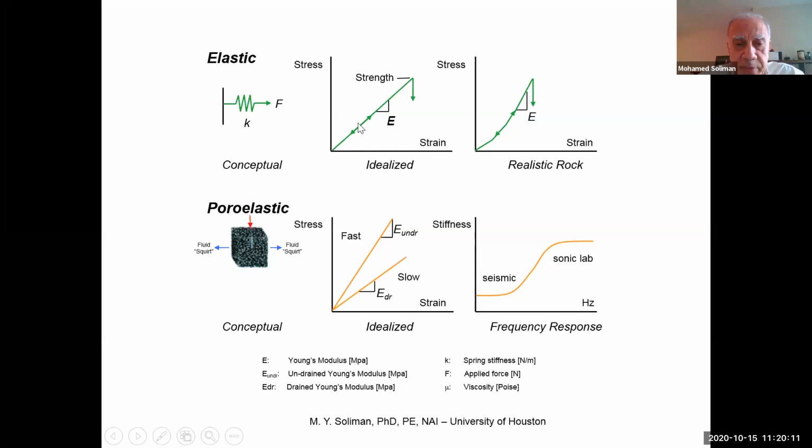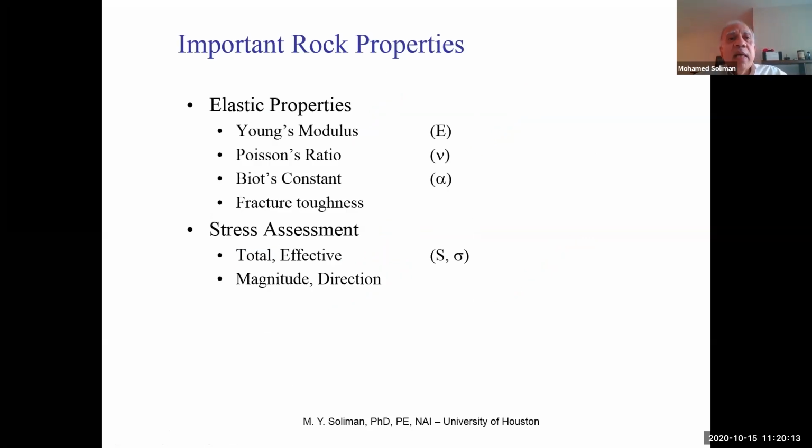So what are the important parameters that you want to look at? The most important parameters for elastic properties are Young's modulus, Poisson's ratio, and Biot's constant. And we'll talk a little bit about each of those. For stresses, I want to look at the total and effective stress. So keep that in mind. I will describe each one of them in a minute.